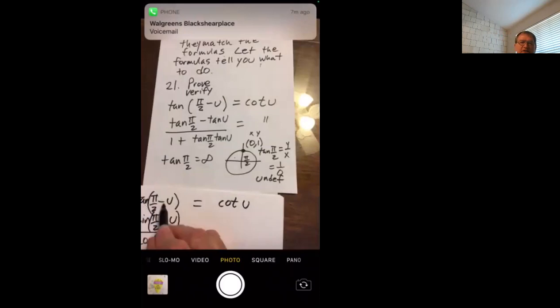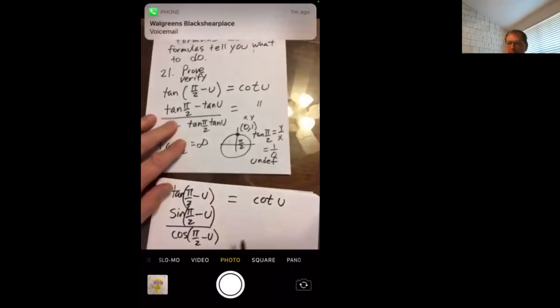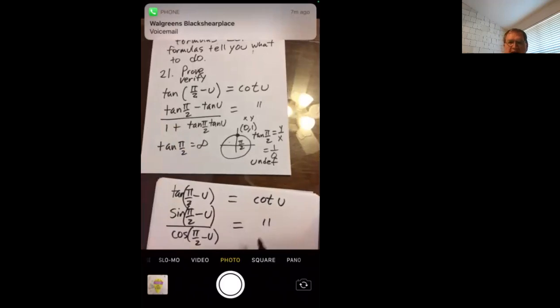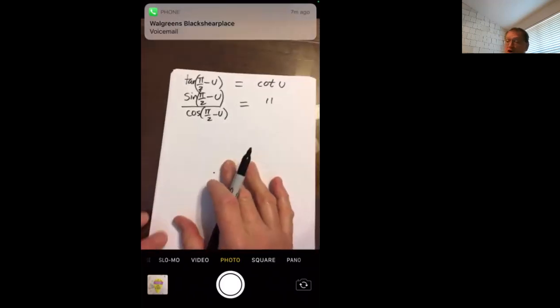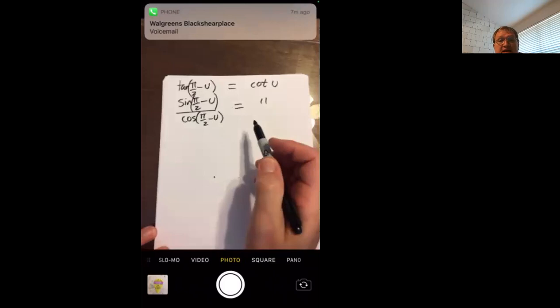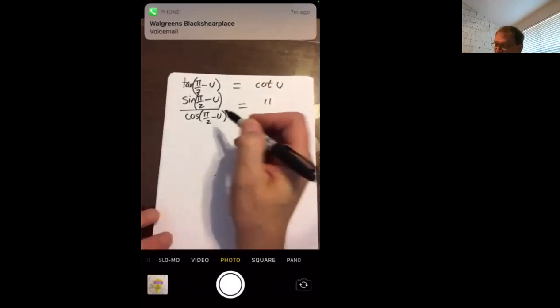Whatever, any tangent of a blob, always written as sine of blob over cosine of that blob equals this. And now you're going to use your sine and cosine formulas. I hope you have them memorized. Only showed them to you 2 minutes ago.